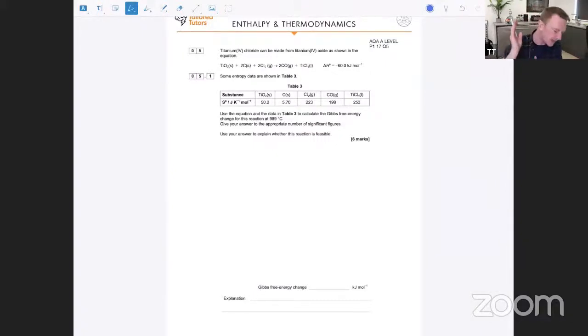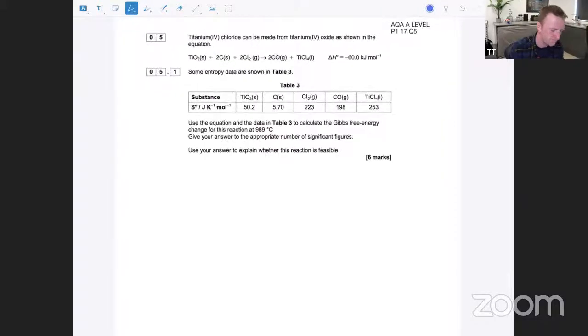So this one here, this is a classic delta G question. We've got titanium 4 chloride, can be made from titanium 4 oxide. We've got the equation here. Some entropy data is shown in the table below.